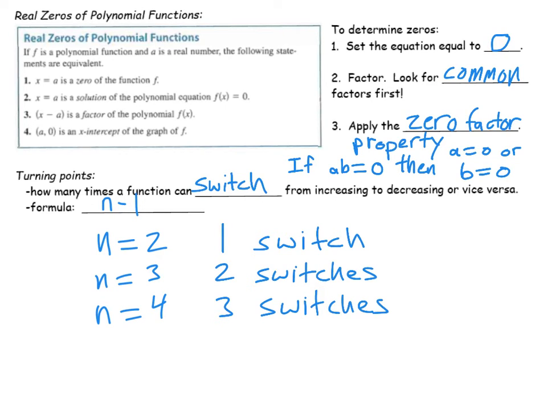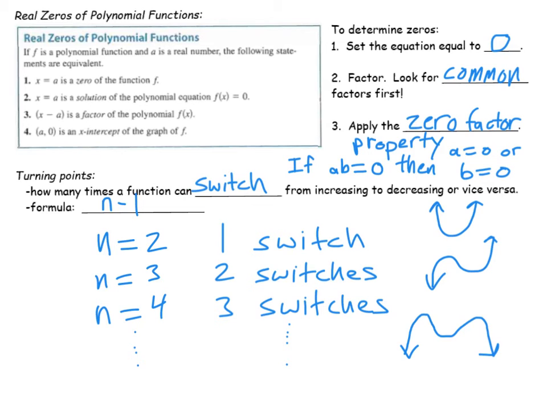So here's a little sketch, right? That would be like a quadratic. Third degree, you could have something like that. Fourth, you could have something like that, where if you look at those intervals where it's increasing to decreasing, it changes 3 times. Okay, that would continue on and on as you made the degree higher.